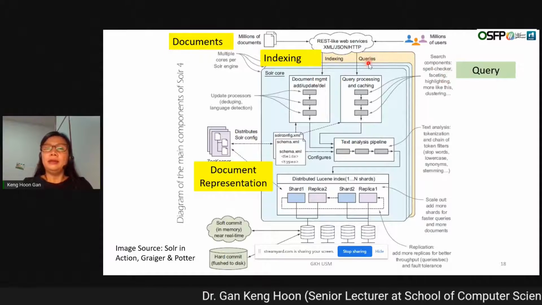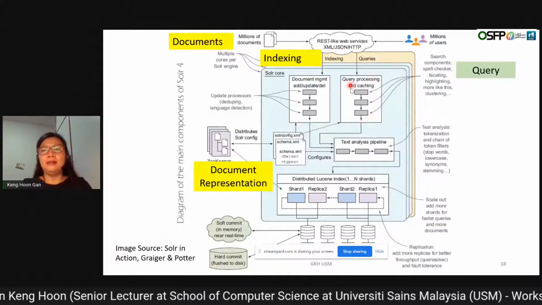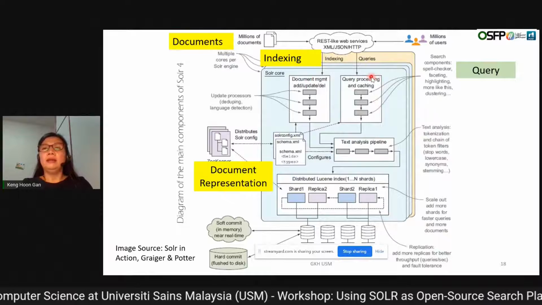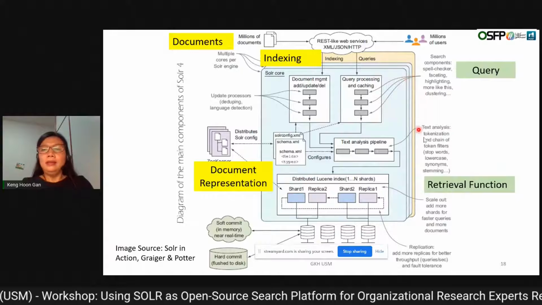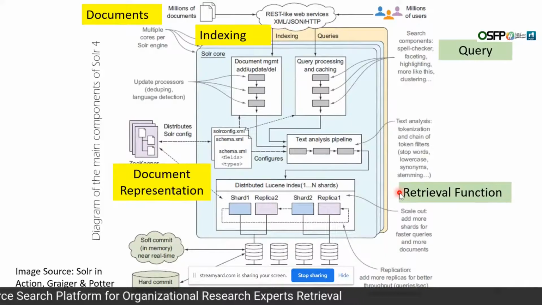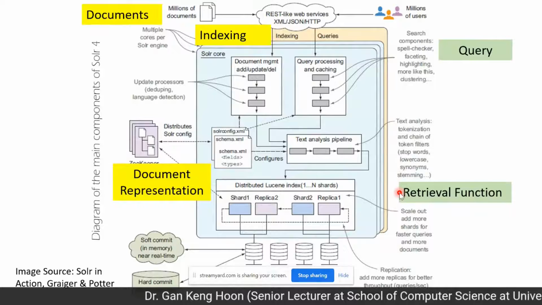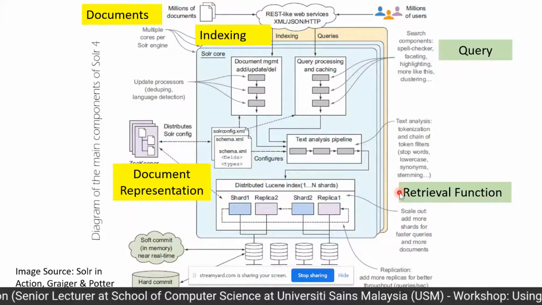Then the query part can go through a series of processes. You can have spell checking, which is supported by SOLR. You can deploy a faceted search. And then there's also a retrieval function that is working at the back end. The scoring implemented by the SOLR search engine is based on the Apache Lucene scoring features, which is based on factors like TF, IDF.